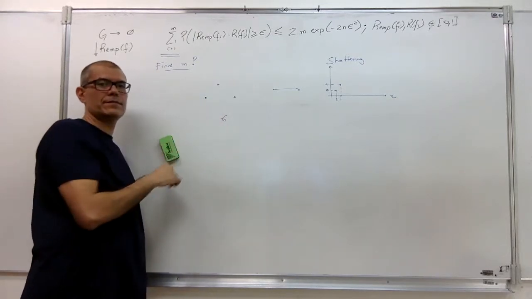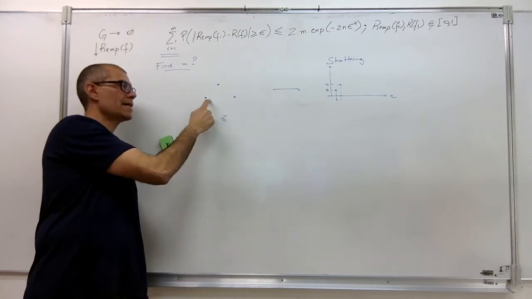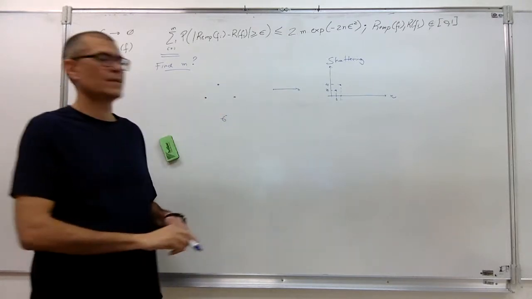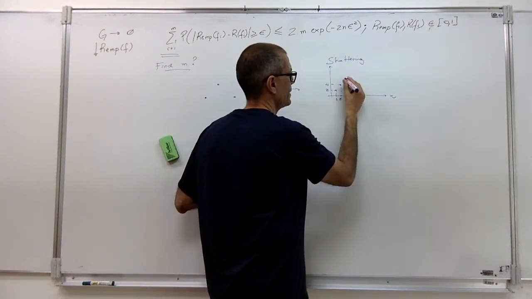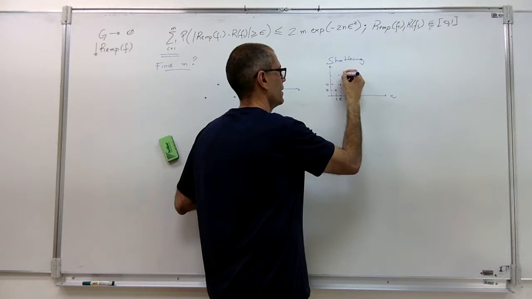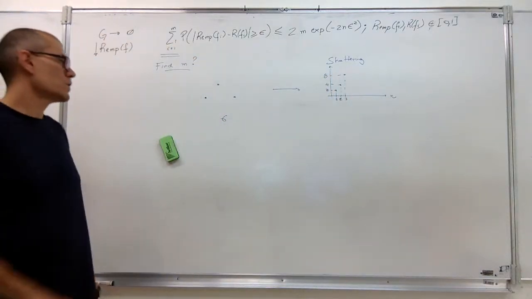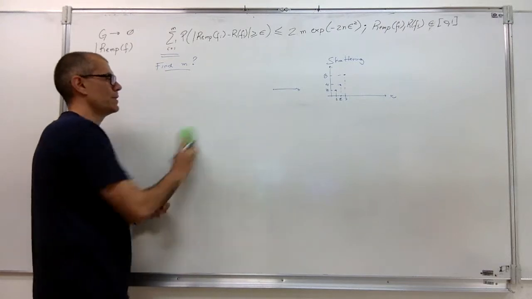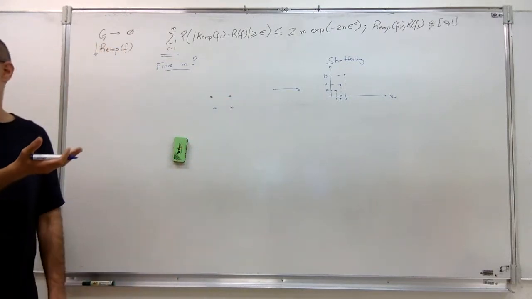Negative, positive. 6. Positive, negative. Negative, positive. We have 8. So if we have 3 points in an unstable configuration, we have 8 classification possibilities. Now, with 4 points, how many do we have? And that's an unstable configuration.